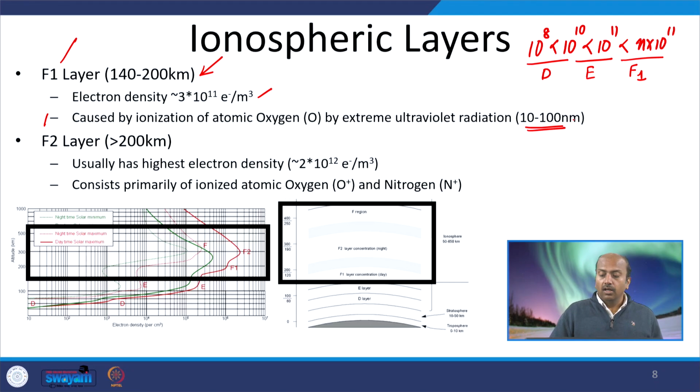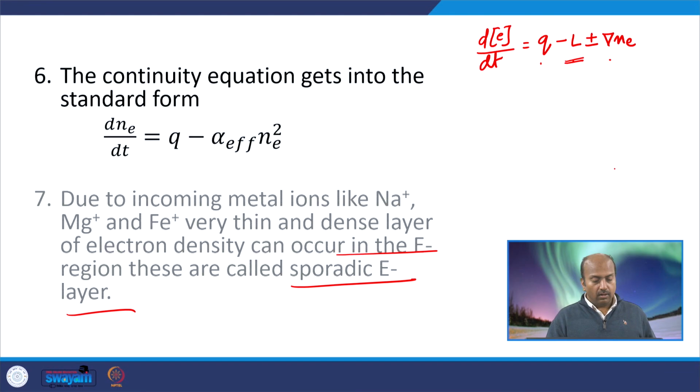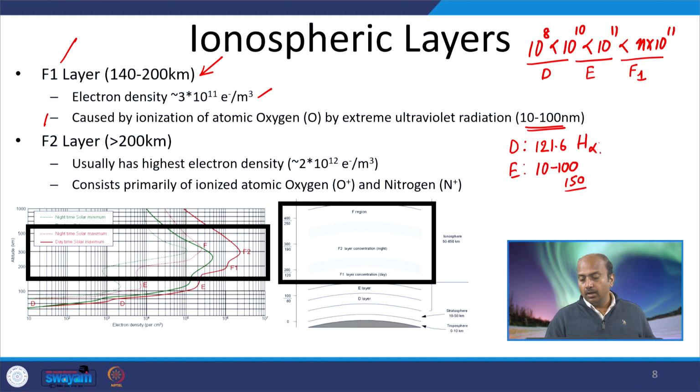Now, we are talking about radiation bands, and we are very clearly able to see this, right. So, in the D layer, the most important radiation or wavelength that you should remember is 121.6 nanometers, the H alpha, and in the E region it was 100 to 150 nanometers, and 1 to 10 nanometers, the X-ray and far ultraviolet radiation.